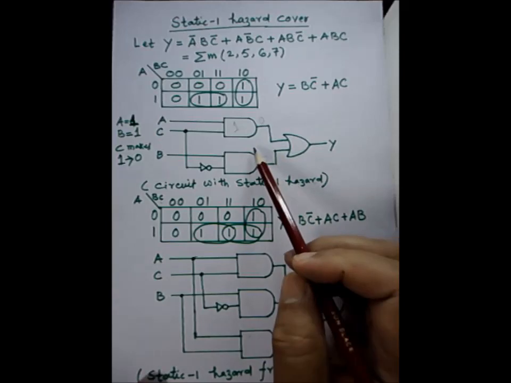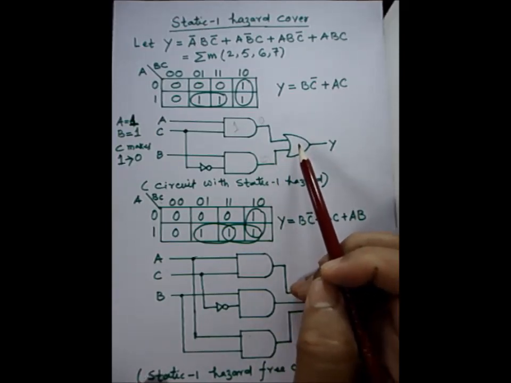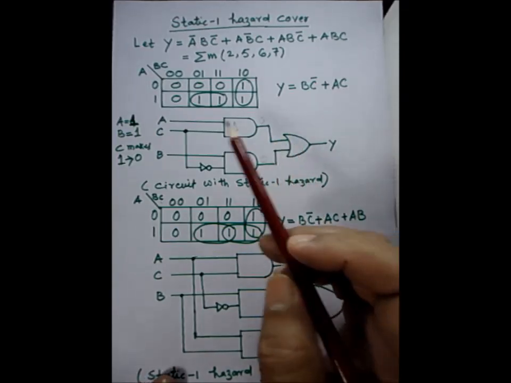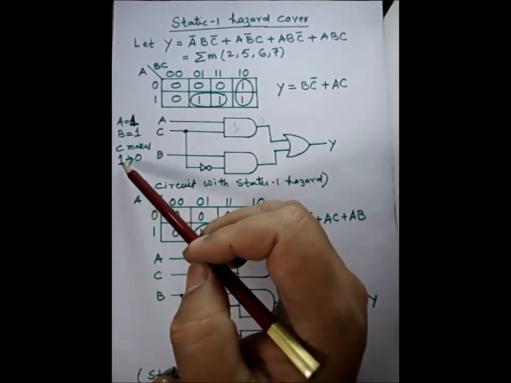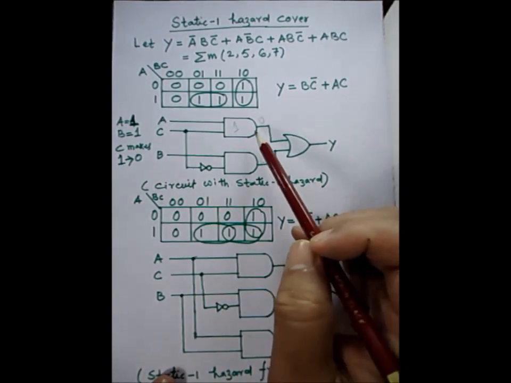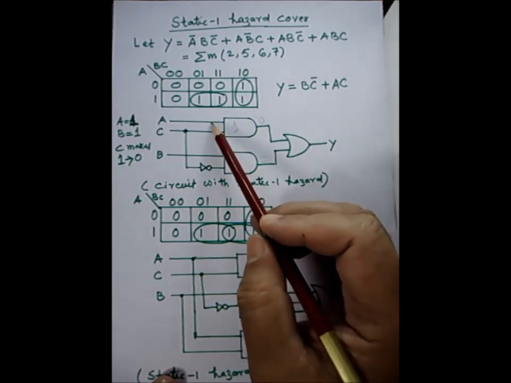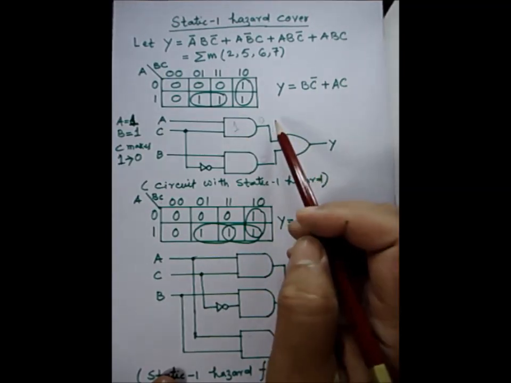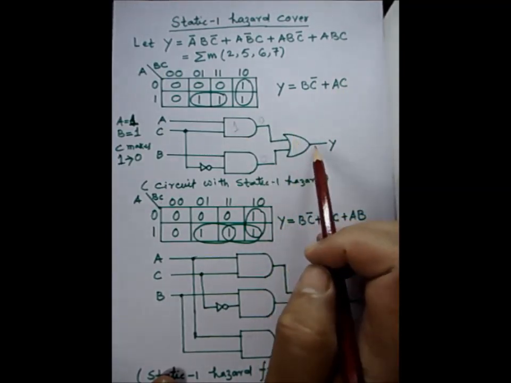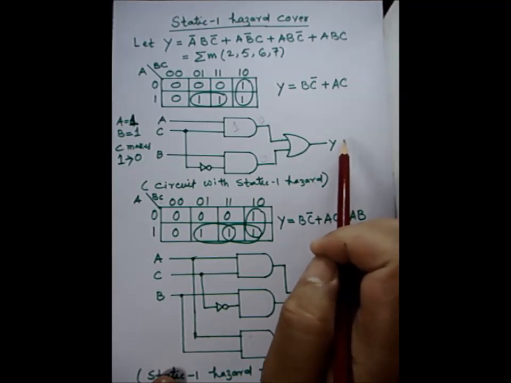To understand how there is a static 1 hazard, let us take an example when A equals 1, B equals 1 and C also equals 1. In that case you can see A is 1, C is also 1, therefore the output is equal to 1.